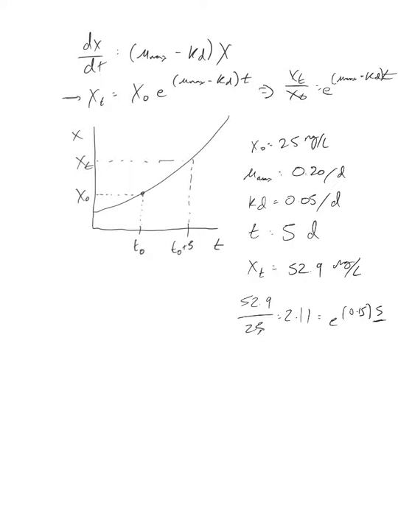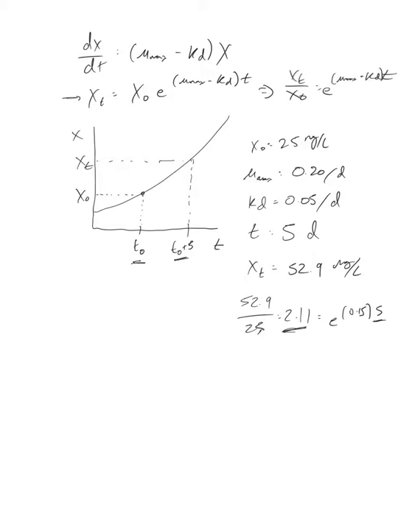And so what this means is, for any 5-day period, the population is going to a little bit more than double. When we go from t sub 0 to t sub 0 plus 5, the population multiplies by 2.11. So it goes from 25 to 52.9.